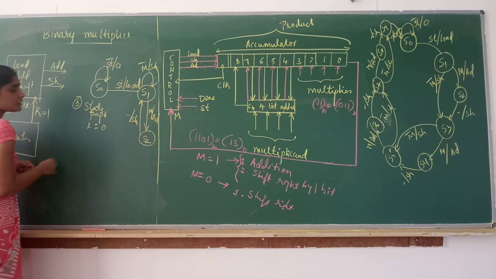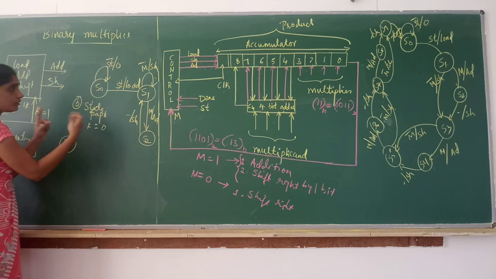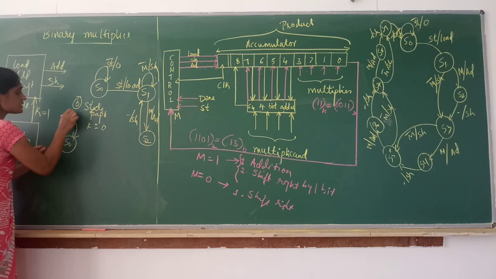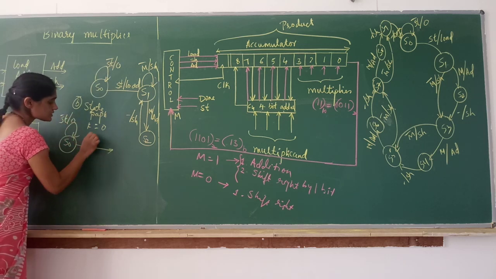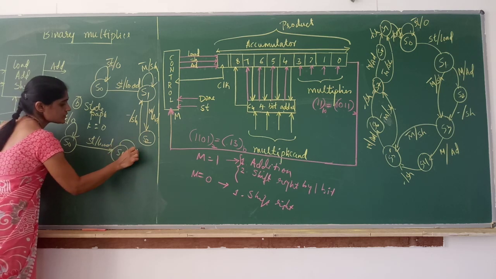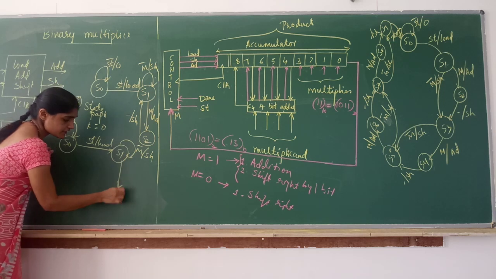That is for k equal to 0. One more state graph, let me write just to indicate what is the difference between how the process will run when k is equal to 1. So start 0, the same I write. State S1. If m is 0, only shift, it will be here only.